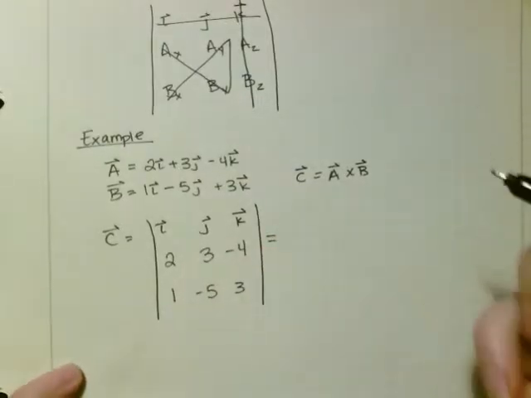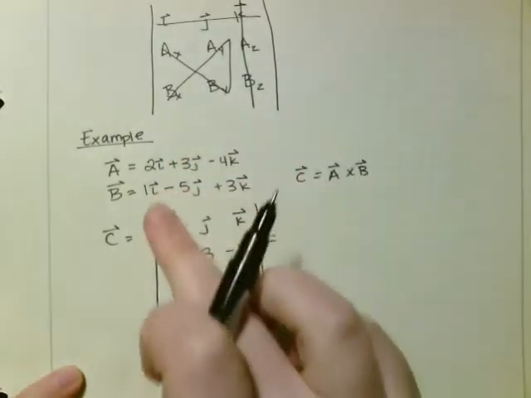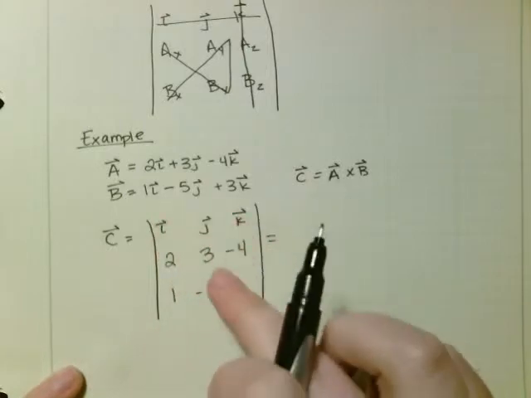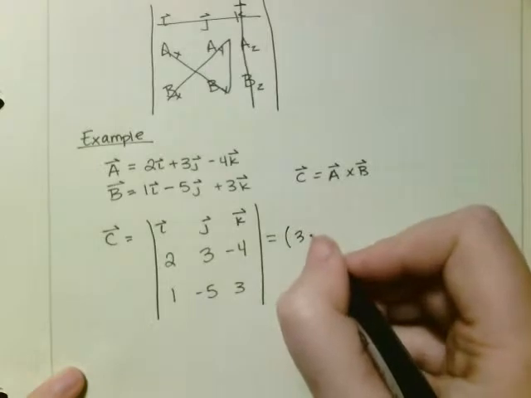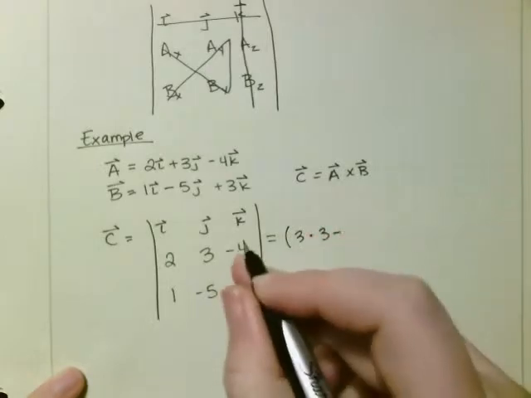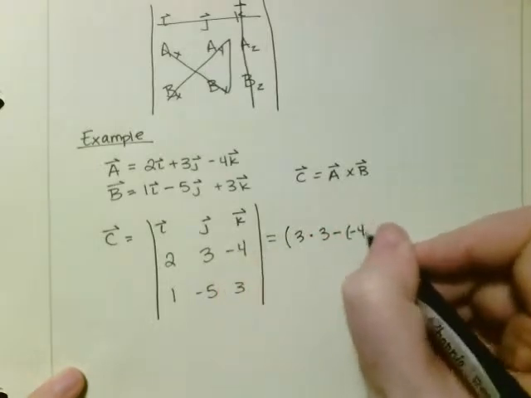Okay, so the first thing we do is the I component. So you cross out this column and this row such that we would have 3 times 3 minus negative 4 times negative 5.